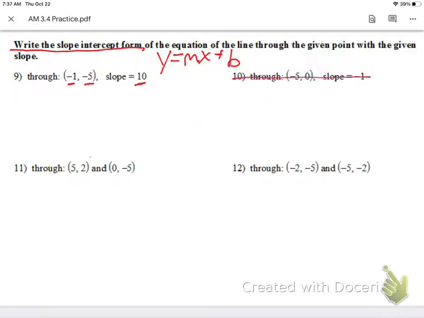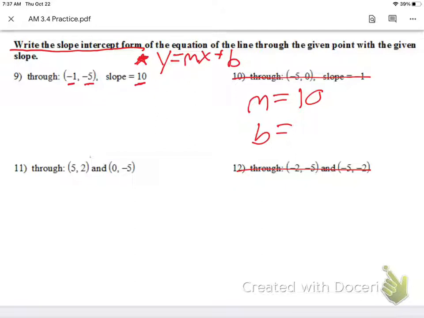We're not gonna do 10, we're not gonna do 12, but in order to answer these questions, I need to find an m, I need to find a b. I know that my m is gonna be 10. Now, if I want to write it in slope-intercept form, all we have to do is plug it in. You plug it into this equation, y equals mx plus b, and that's slope-intercept form.